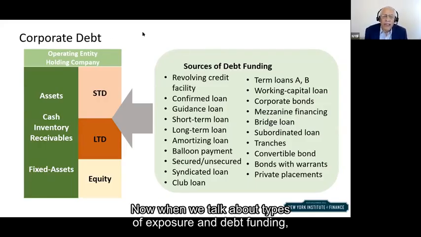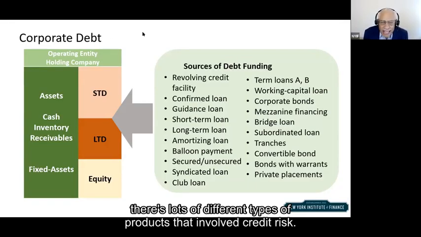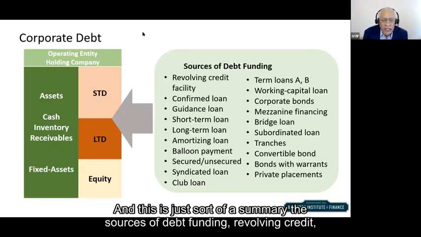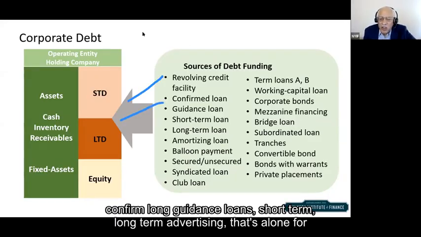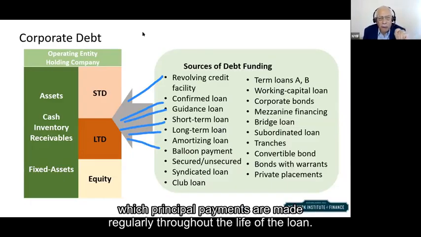Now, when we talk about types of exposure and debt funding, there's lots of different types of products that involve credit risk. And this is just sort of a summary. The sources of debt funding: revolving credit, confirmed loan, guidance loan, short-term, long-term, amortizing. That's a loan for which principal payments are made regularly throughout the life of the loan.